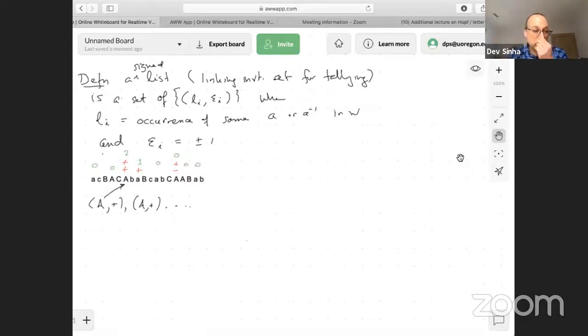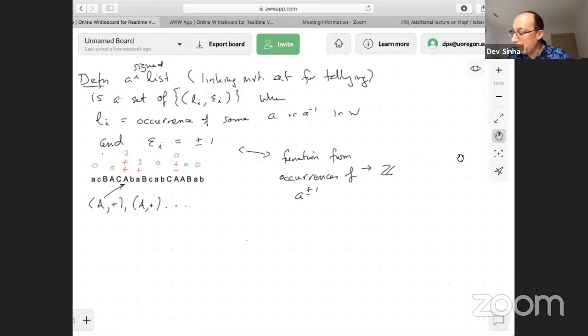So I can also just think of this as a function from the set of occurrences of an A inverse to the integers. And in fact, what we say is that two lists are simply equivalent if they give rise to that function. So this is not a double arrow, but up to simple equivalence, it would be. Okay, so that's what we mean by a list.